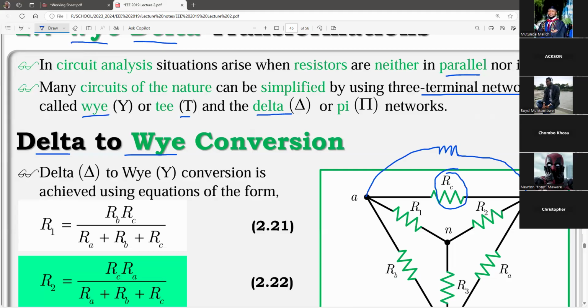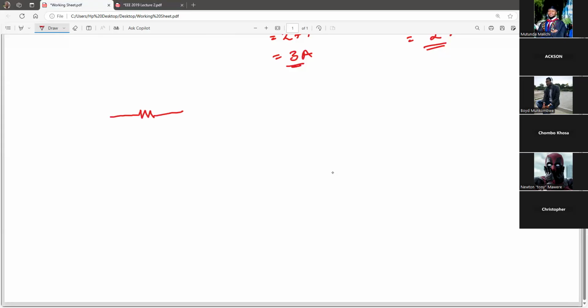What I'm saying is, for example, if you have a circuit like this, they are connected there, they are connected there, and you have another resistor there. This is the same point. You have another resistor there.